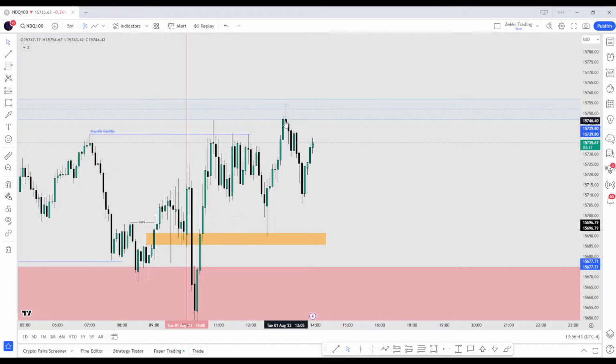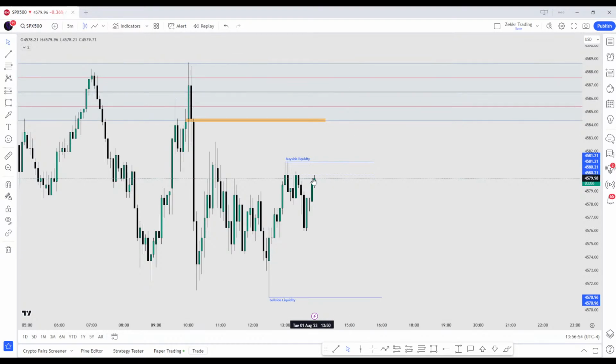Now we did not sweep liquidity yet. We have lunch low and lunch highs, and I'm looking for that to be swept. But on S&P we created one more equal high, which is not a sweep, remember? So we'll have to wait and see what happens. And then after this, I would want to see a shift to the downside.